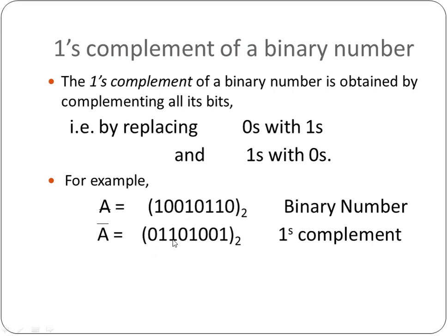So this is called the complement of a number, and it is shown like this. So A bar is the complement of A. If you complement this number again, you will get the same number. So to complement a binary number means it is the 1's complement.